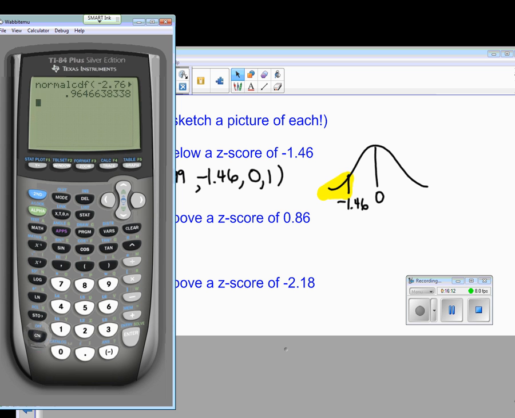So how do I type that into my calculator? We're going to go to second vars, normal CDF. Where is negative E99? That means negative, some really negative number. Negative. And then E, I believe, is second the comma.